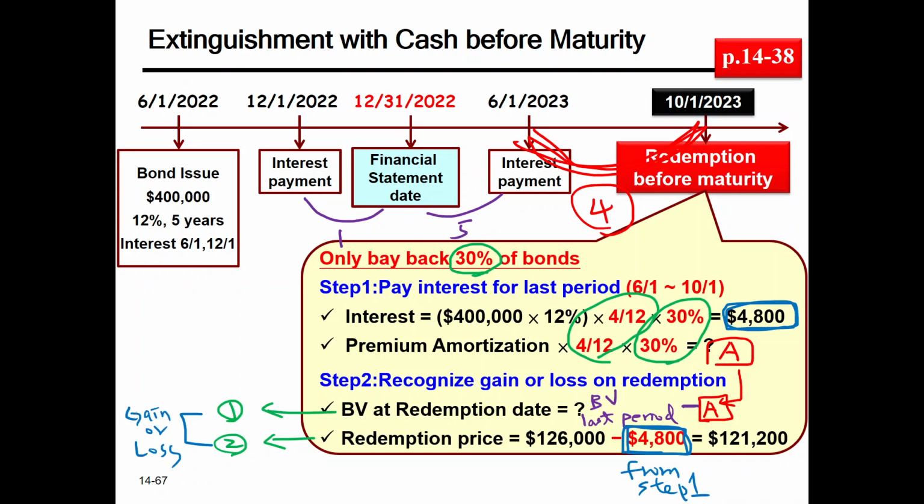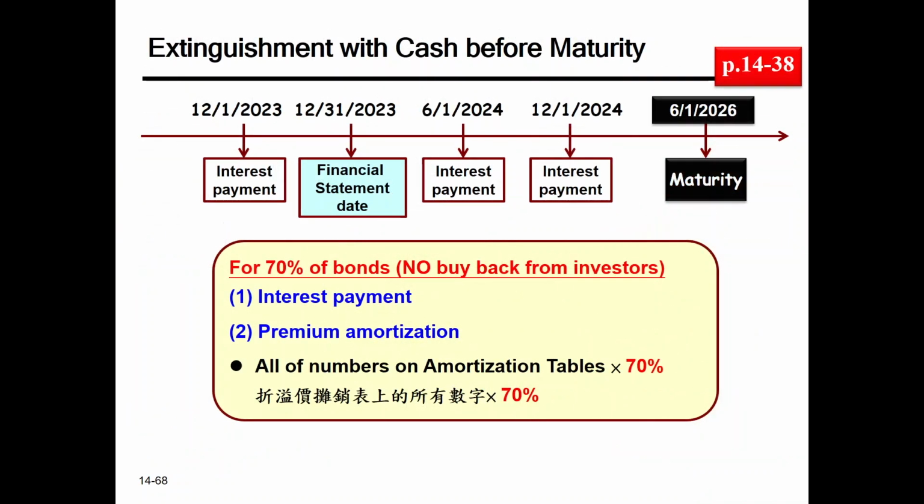So the redemption date here is only for the 30%. How about the other 70%? Have we done anything for the 70%? No. 30% we buy back, 70% still in the market. So we haven't done anything for the 70%, right? So for the 70% we do the same thing as before.